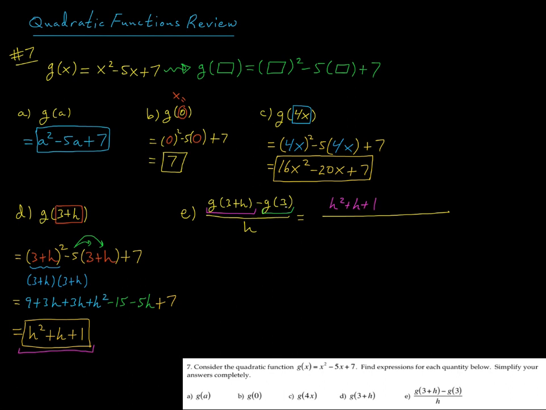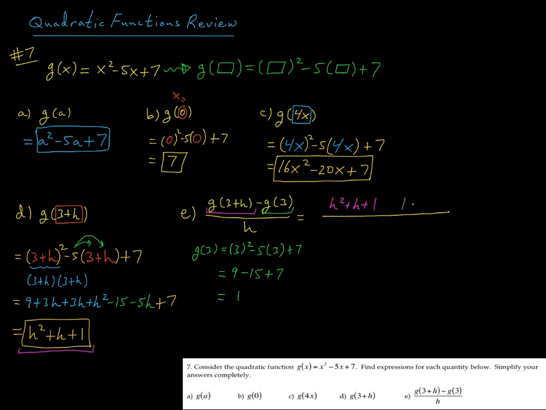Well, g of 3 I can find by just plugging in 3 for x into the rule for g. So let's do that down here, a little calculation on the side. So this is 3 squared minus 5 times 3, and then plus 7. So this is 9 minus 15 plus 7, and this is a negative 6 plus 7, which is a positive 1.